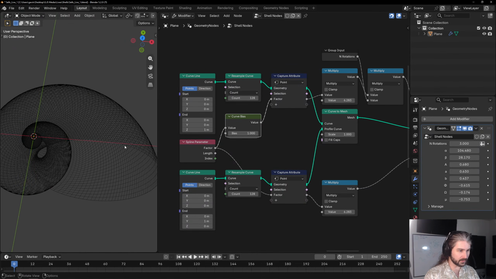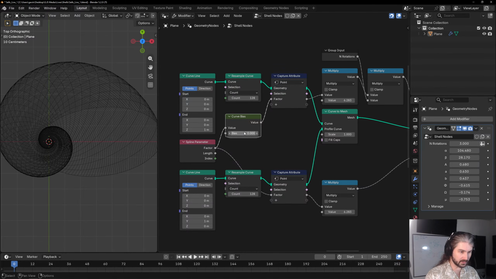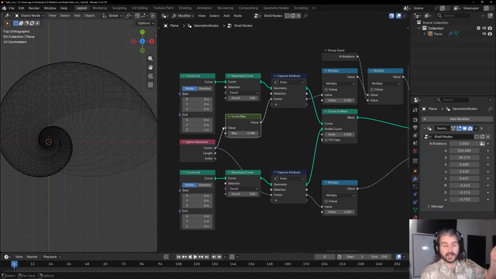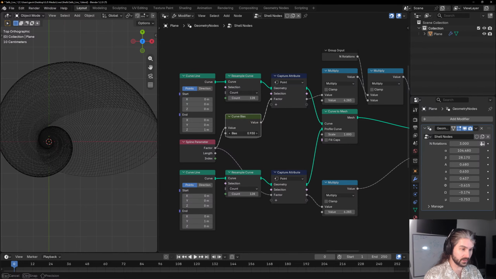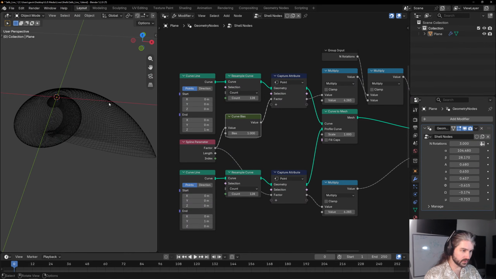If we crank that up to 1, it's not going to do the job perfectly, but basically reset that to 0. We can use this to manipulate the factor of each point and push them to have a bias. So if we increase this up to 1, we'll push a lot of this geometry out from the middle and down around the shell, so that it's a little bit more evenly spaced.